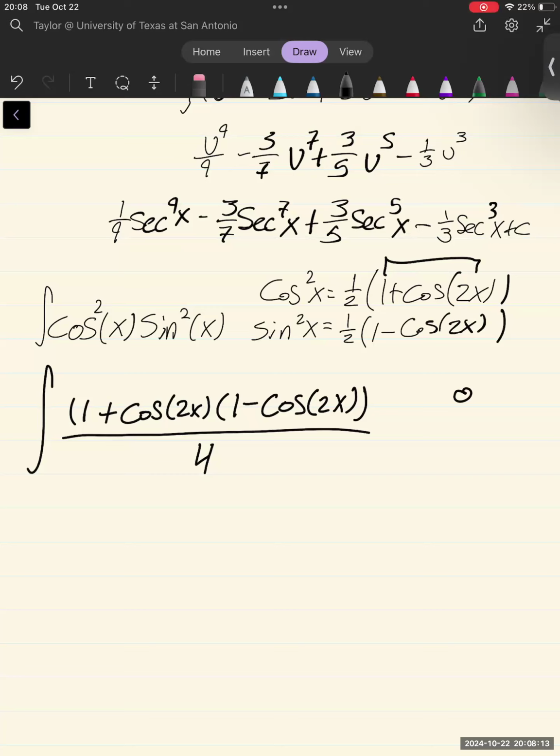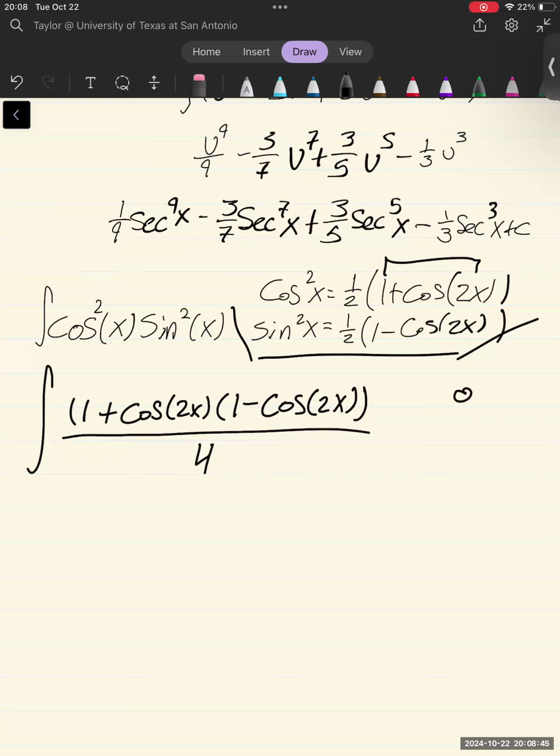If you used cosine, it would be 1 minus sine squared, and then taking this derivative, I would add a new sine term in the denominator rather than canceling the sine, which is my goal. So instead, we're using the power reduction identities here.